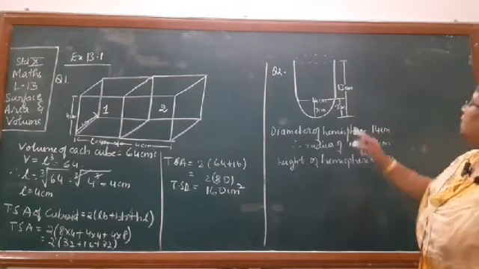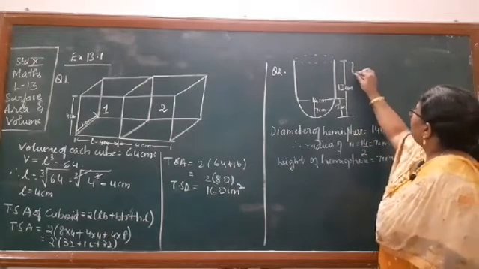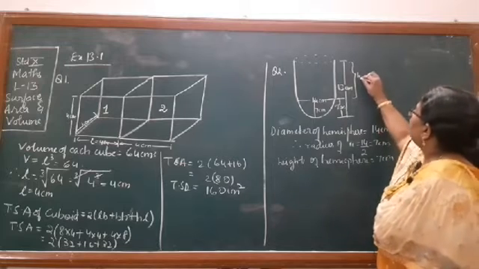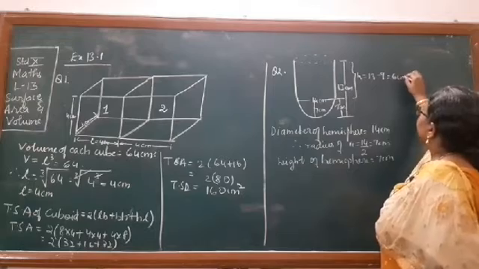Now when this is 7 centimeter, what will be the height of the cylinder? Height of the cylinder will be 13 minus 7 which is equal to 6 centimeter.